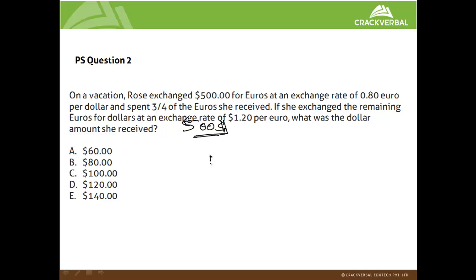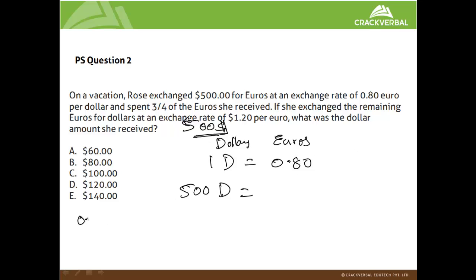So $1 is equivalent to 0.80 euro. You have two things, one is dollars, another is euros. Now she has to exchange $500 and she has to have the equivalent amount of euros for it. So $1 equal to 0.80 means $500 will be equivalent to, just multiply both sides with 500.